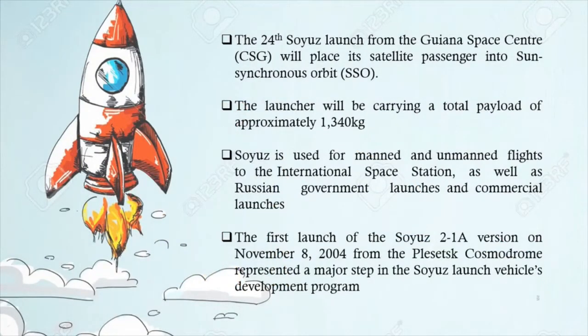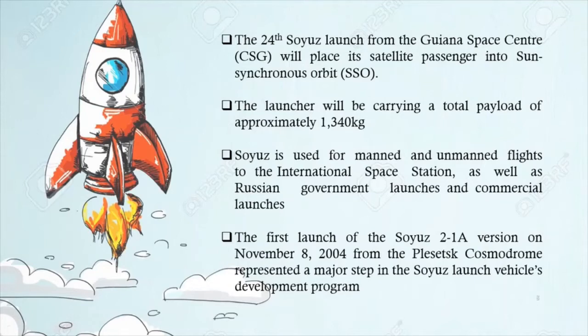Before that, let me introduce the background of the Soyuz rocket and the Moroba radar system. The Soyuz launch from the Guiana Space Center or CSG will place its satellite passenger into Sun Synchronous Orbit or SSO, carrying a total payload of approximately 1,340 kg.